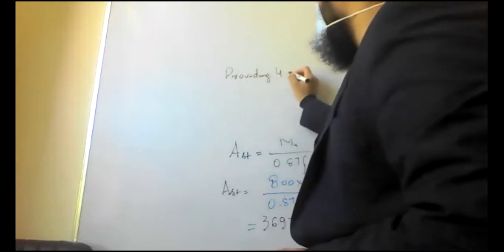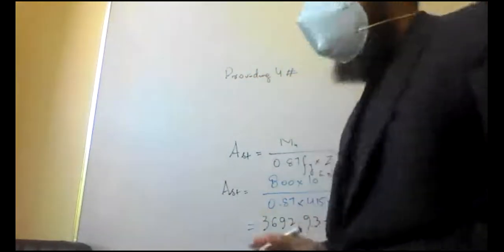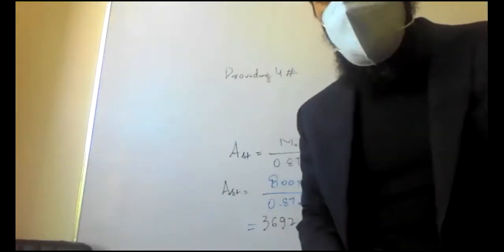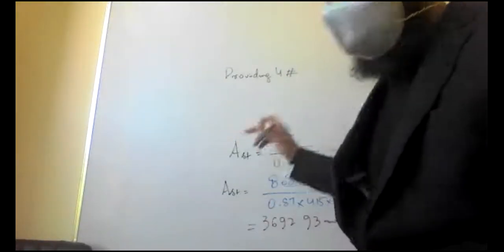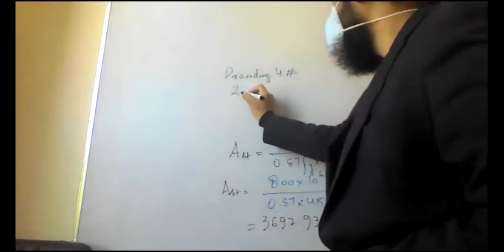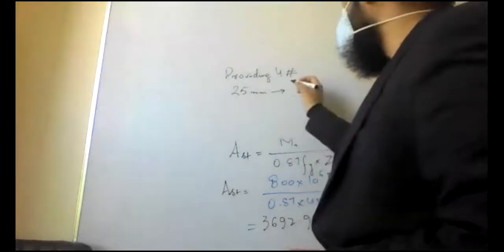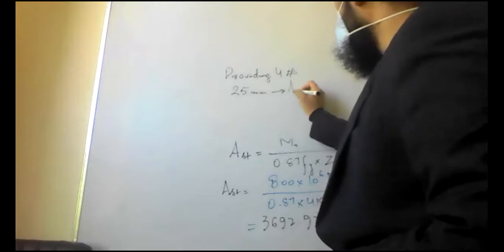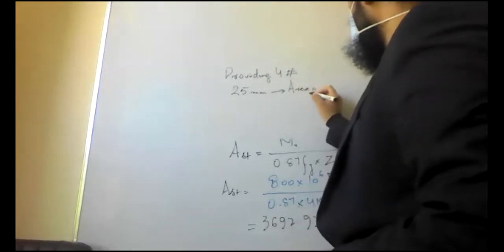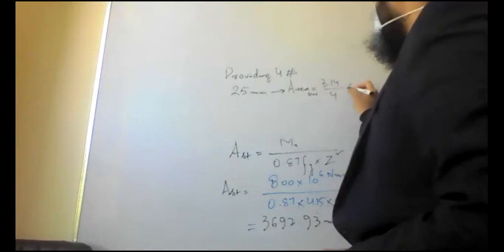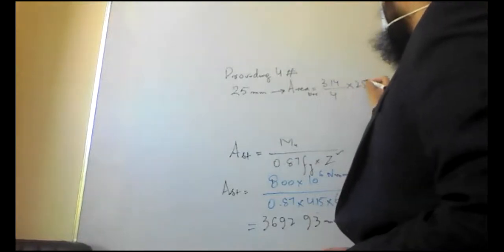Let's provide 4 number bars of what? Say for example, we are providing 25 mm bars. Let us first check. If we provide 25 mm bars, the area of each bar would be 3.14 divided by 4 into 25 square.